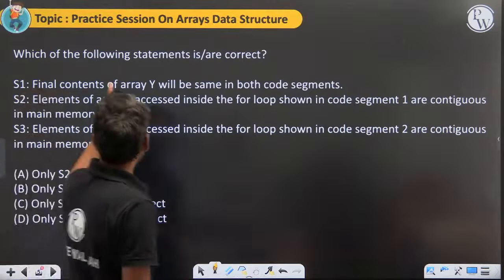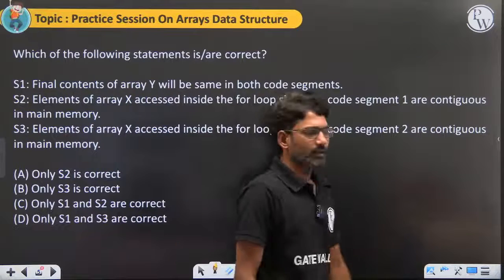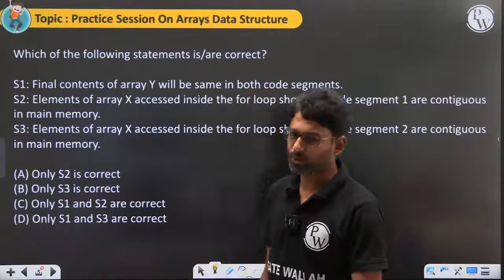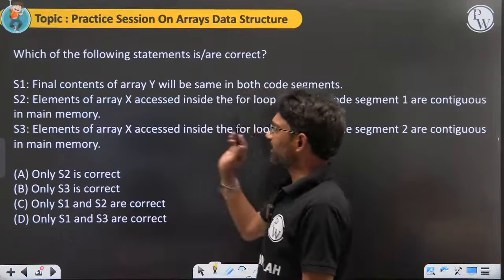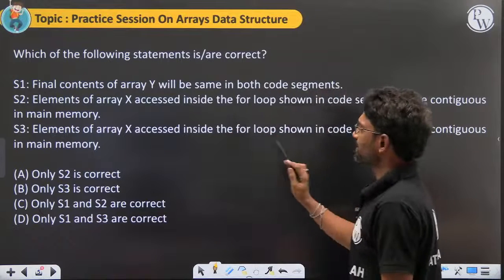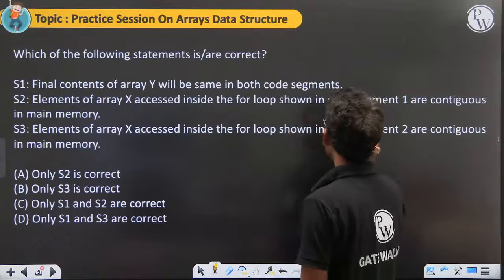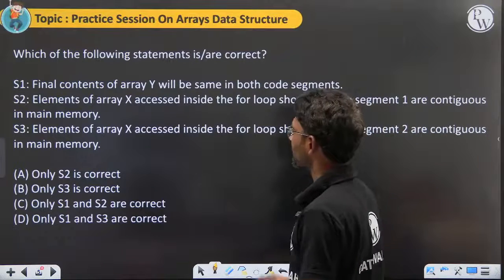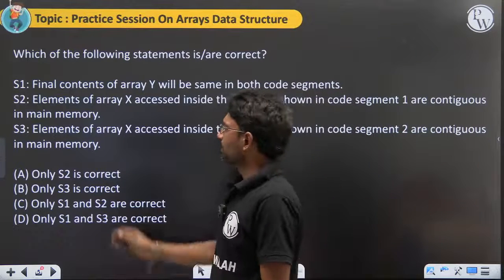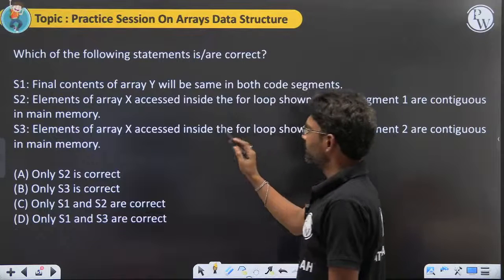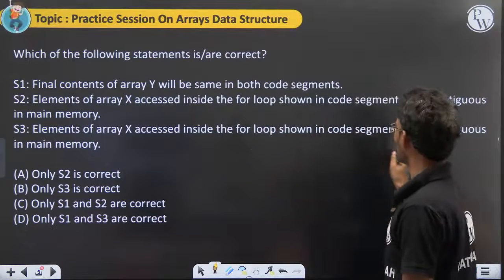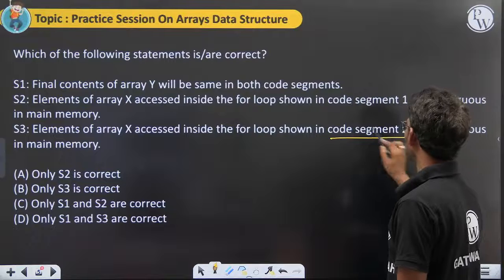Statement 1. Final contents of array Y will be same in both code segments. Statement 2. Elements of array X accessed inside the for loop in code segment 1 are contiguous. Statement 3. Elements of array X accessed in code segment 2 are contiguous.